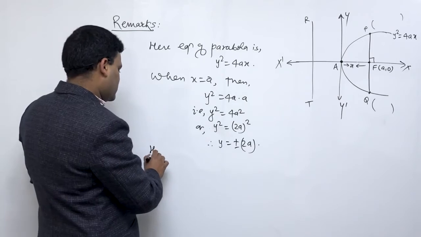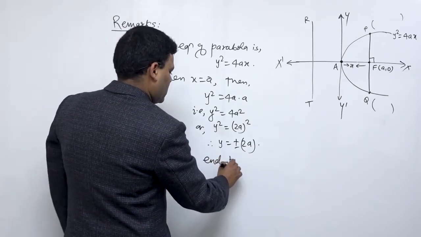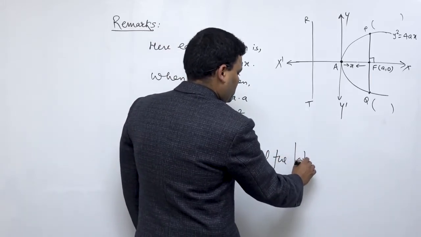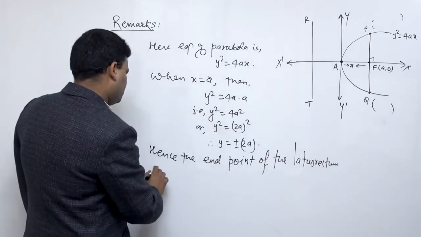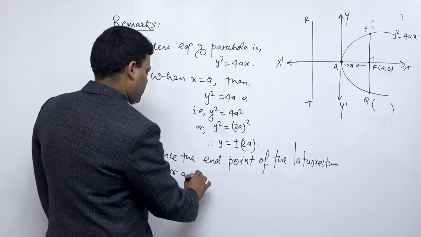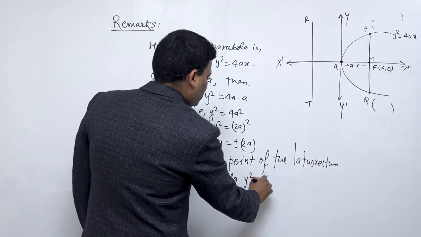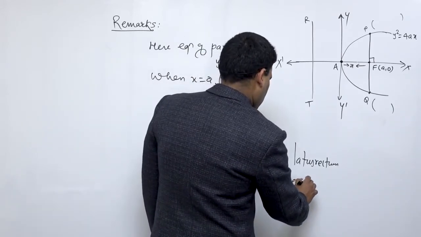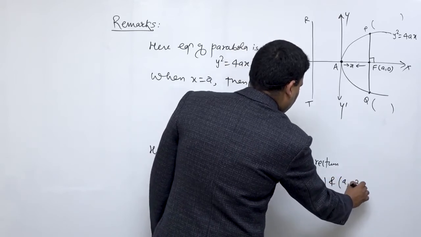So hence the endpoints of the latus rectum for a parabola y square equals to 4ax are a comma 2a and a comma minus 2a.